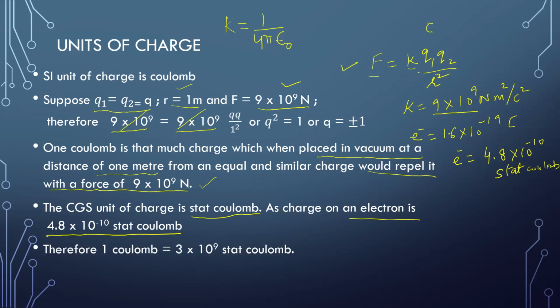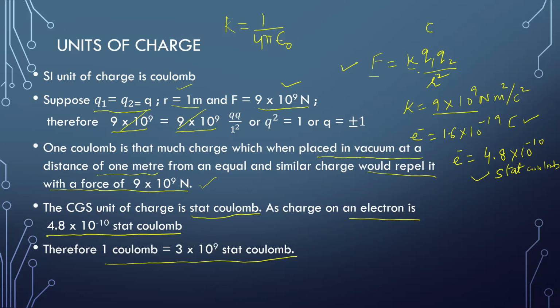Okay, so if you want to find out the relation between the SI unit of charge and the CGS unit of charge, which is stat coulomb, it comes out to be 1 coulomb is equal to 3 into 10 to the power of 9 stat coulomb.